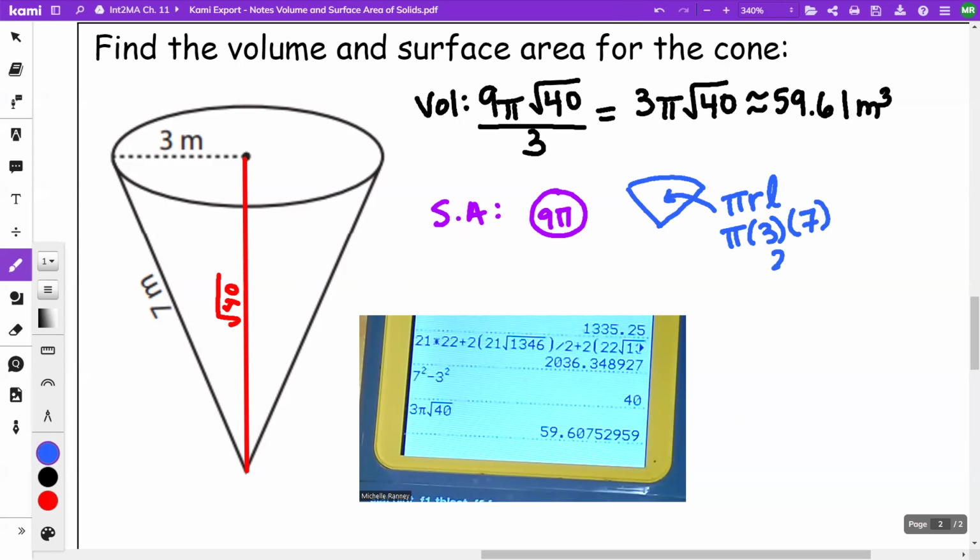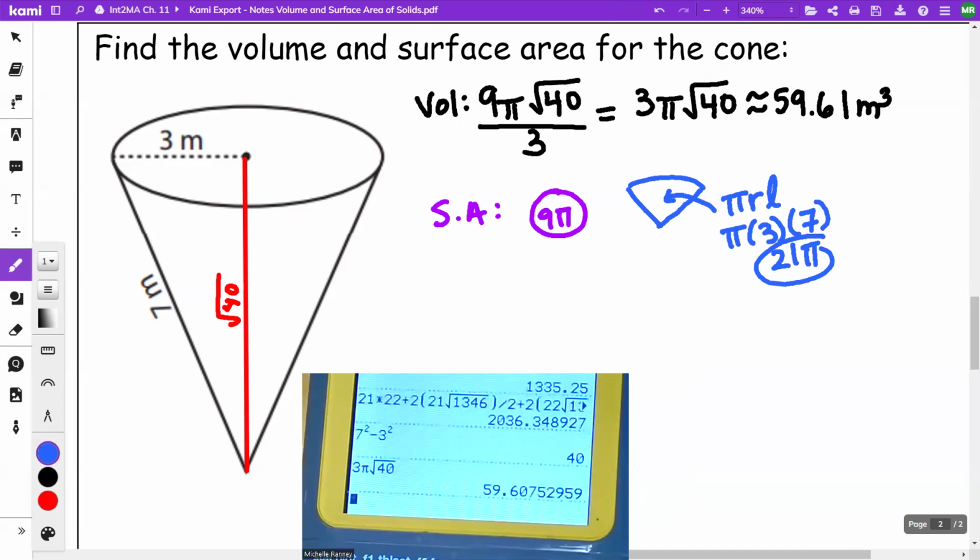So that's going to be 21 pi. And so when I add that up, my total surface area is going to be 30 pi. That is my surface area, and that is going to be meters squared.